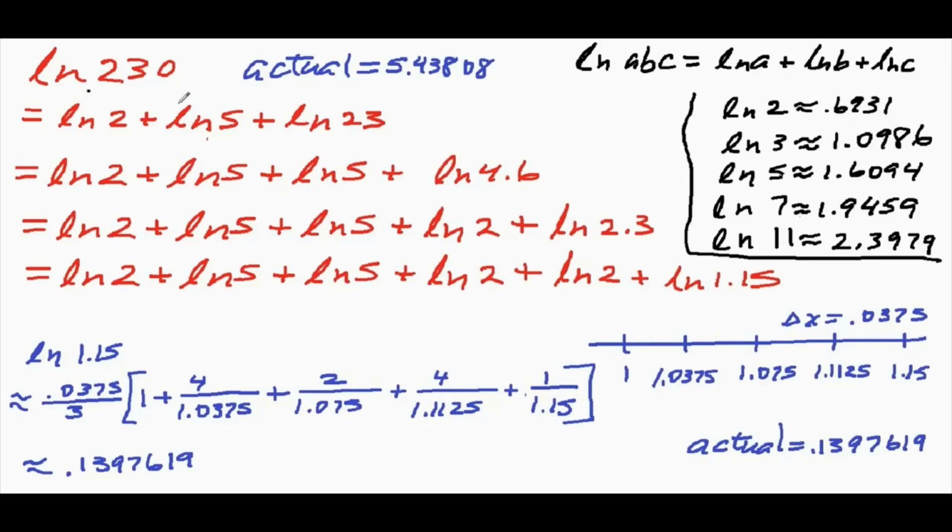Well, so rather than do 230, we're going to bust it up into, well, first of all, we're thinking of 230 times. What I did here is I factored 230 into 2 times 5 times 23. And then I used this property to rewrite it. And so now I already have this right here.